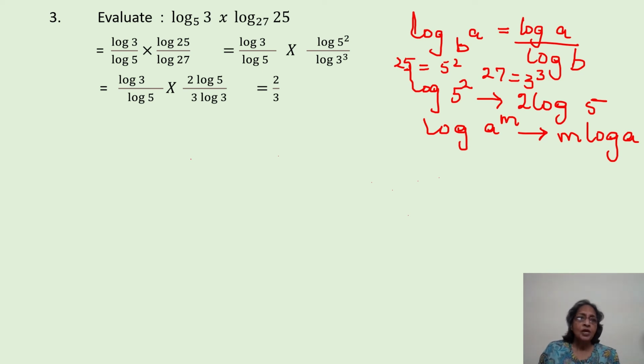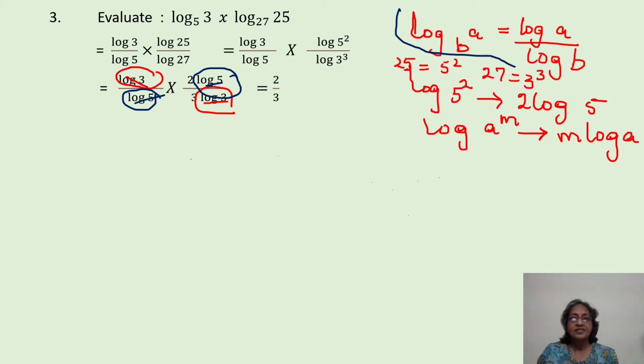Now here we have this log 3 and this log 3. That can be cancelled. In the same way, we have log 5 and we have a log 5 here. That will go, and our final answer will be 2 upon 3. So we have used 2 important laws here. This is the first one and this is the next one.